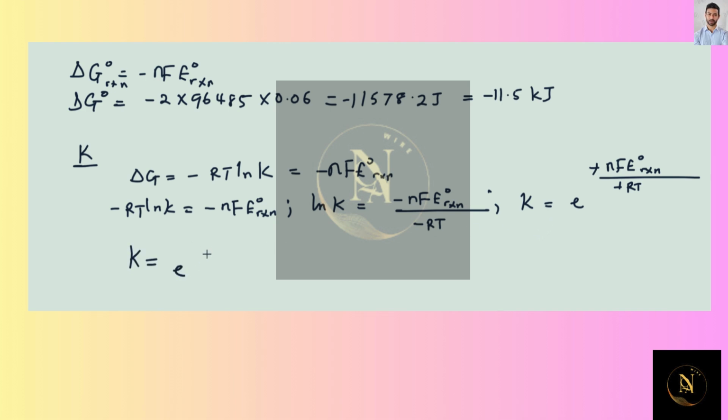K will be equal to the exponential, and we've calculated this to be 11578.2 divided by R, the gas constant, which is 8.314, multiplied by 298 Kelvin. Okay. So this will be 107. So K is 107.